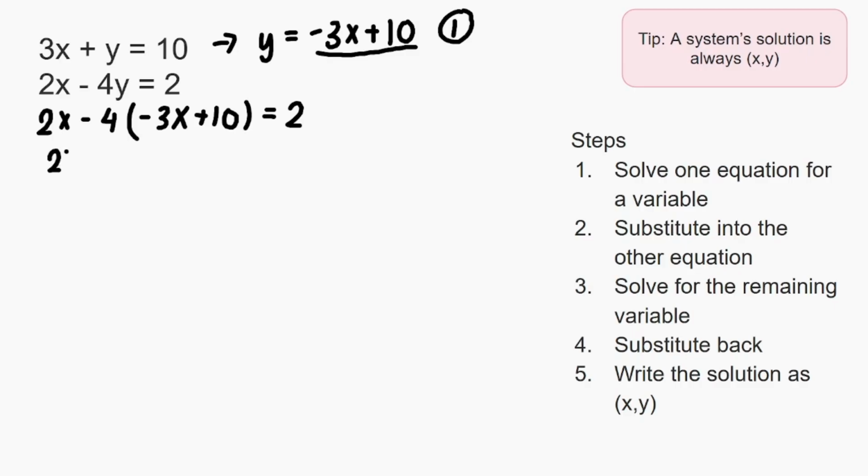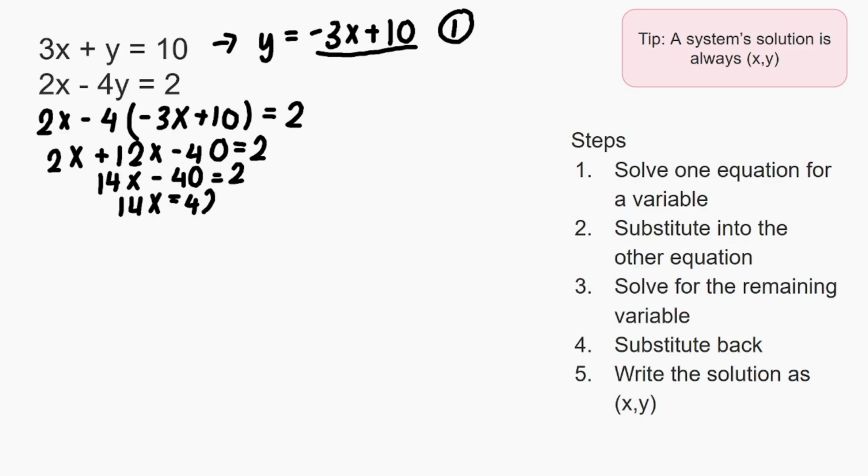So it's going to become 2x plus 12x minus 40 equals 2. This simplifies to 14x minus 40 equals 2. 14x is equal to 42. Divide by 14 on both sides, and we get x equal to 3.